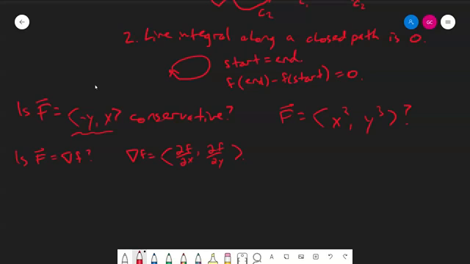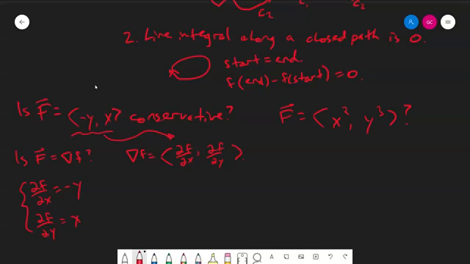So what we want to know is whether negative y comma x can be written in this form, which means we're asking, is there a function little f that satisfies this system of partial differential equations?